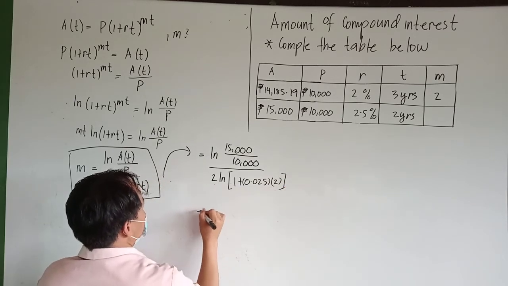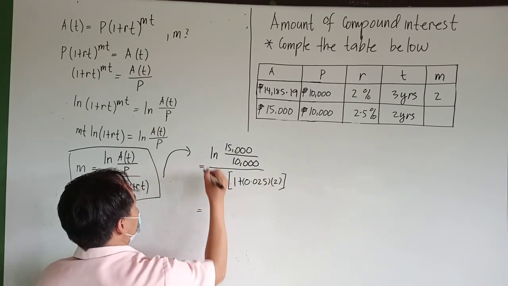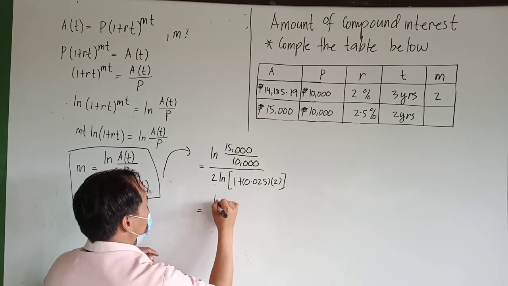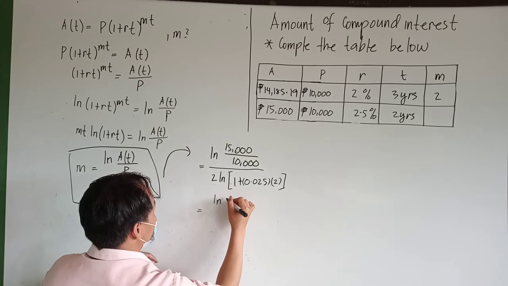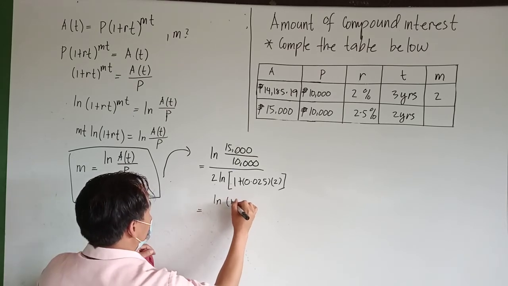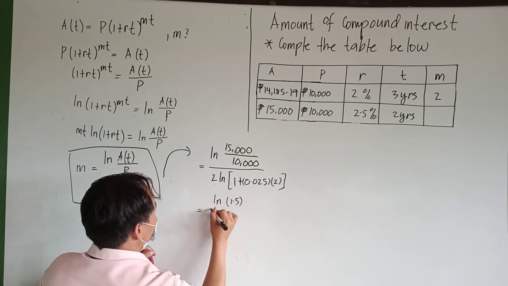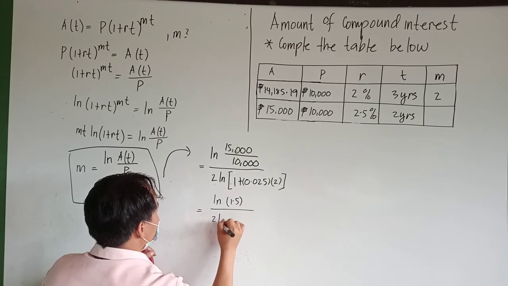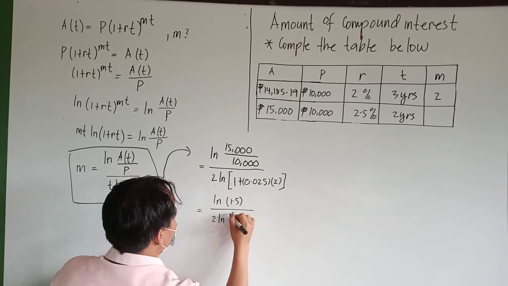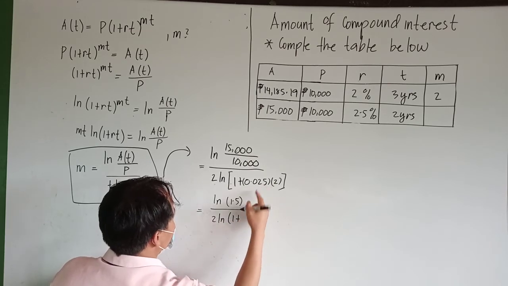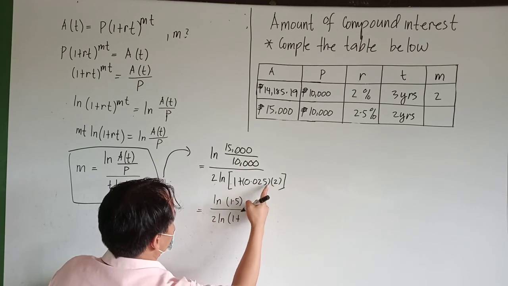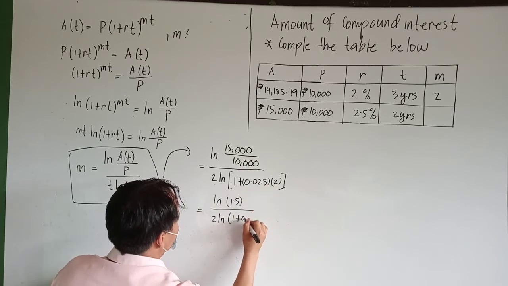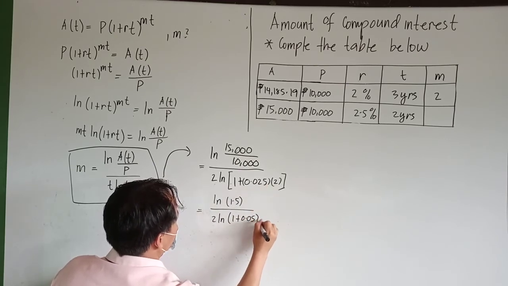So, when we simplify this one, that is actually equivalent to ln of, when we divide 15,000 by 10,000, that is actually equivalent to 1.5, over 2 times ln of the quantity 1 plus, we multiply this one, 2 times 0.025 is 0.05.